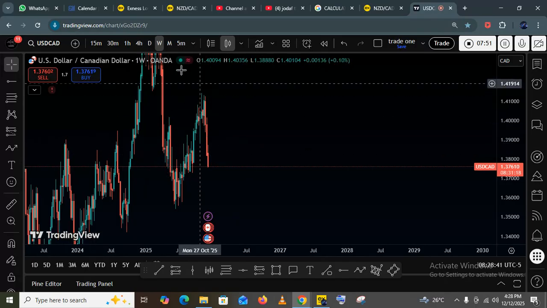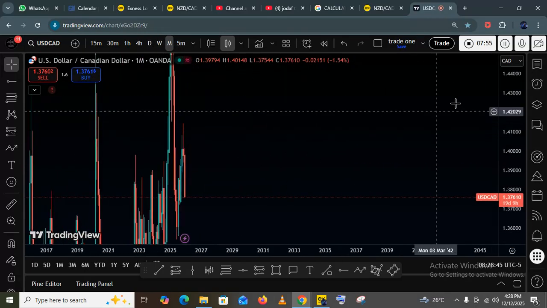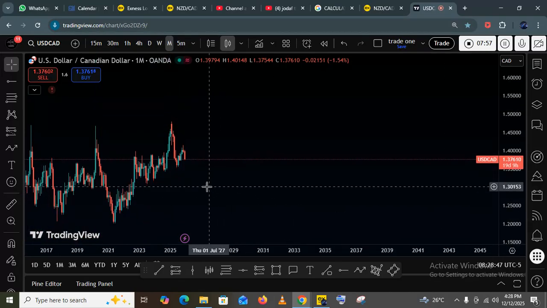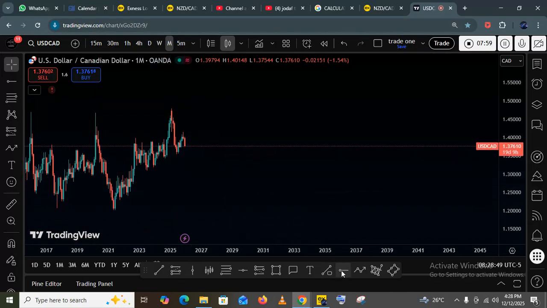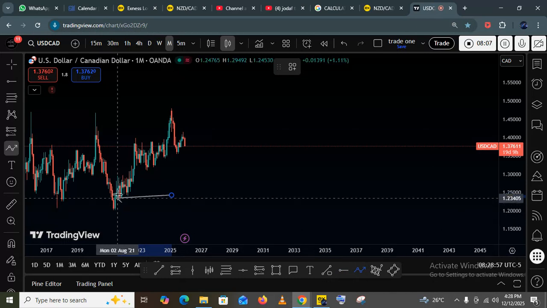So for example, this market right here, if you were to look at the huge time frame on the monthly chart, you can clearly see that we are uptrending. By uptrending I mean we are forming higher highs and higher lows. This was a low, we formed a high, another higher low, another high, another higher low.